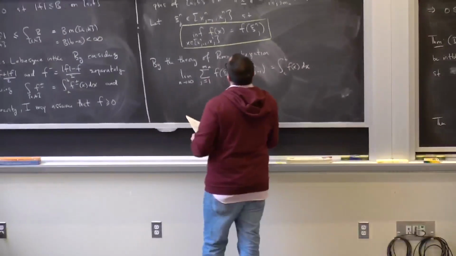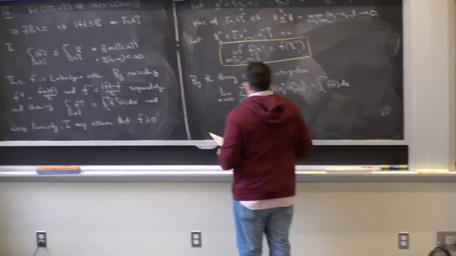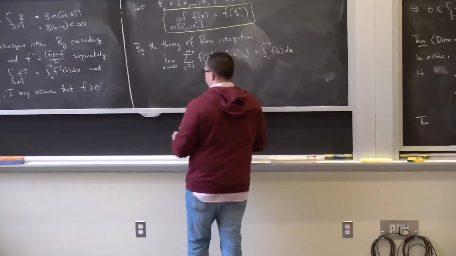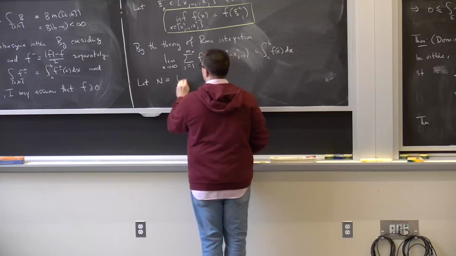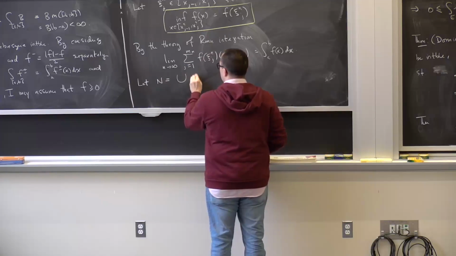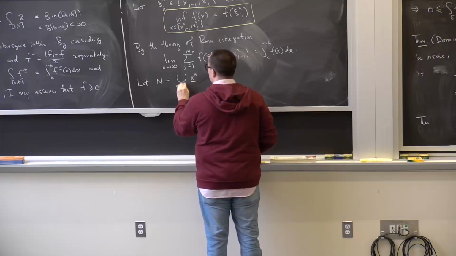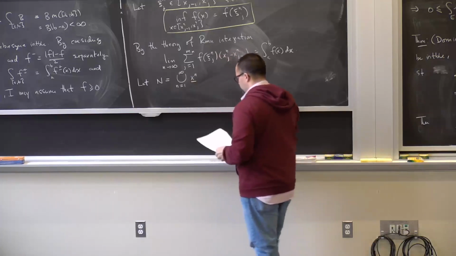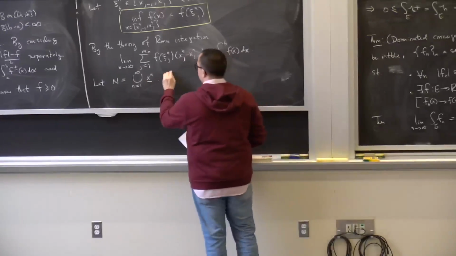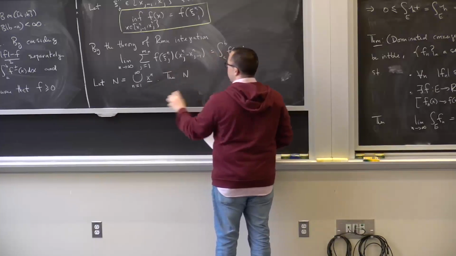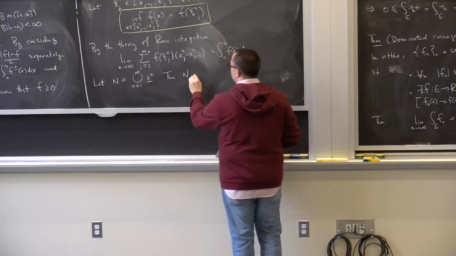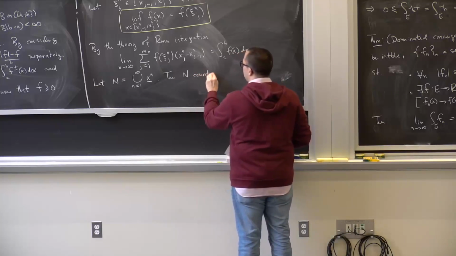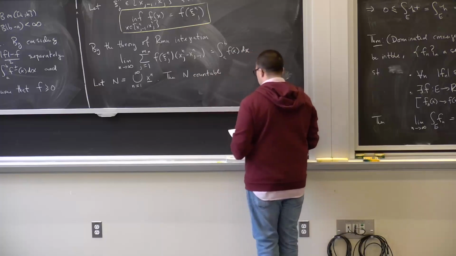Now, each of these is a finite set, right? Let the set be the union of these sets. Then this is a countable union of finite sets, so it's countable. The countable union of countable sets is countable.